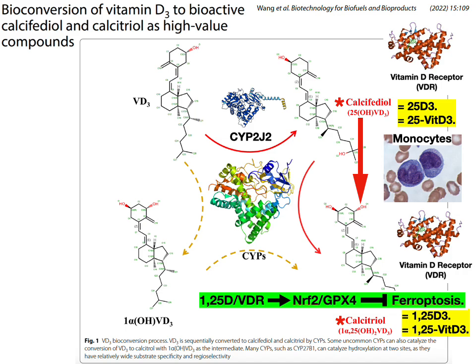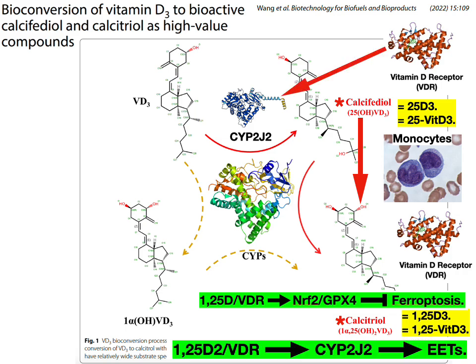So first of all, it's important to restate that calcitriol, by activating a vitamin D receptor, upregulates NRF2, which upregulates GPX4, which suppresses ferroptosis. So calming the immune system down, reducing pro-inflammatory cytokines, will affect the gene expression within monocytes.